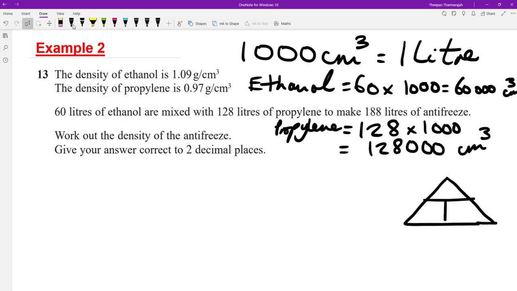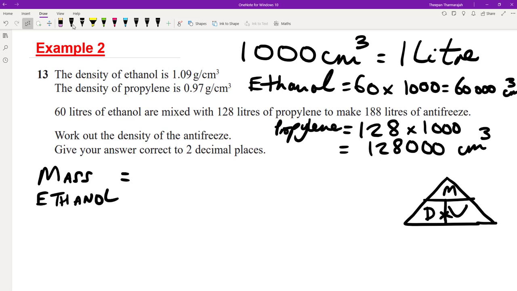That density is mass over volume, and so we want to find the mass of the ethanol, and we need to find the mass of the propylene. So mass of the ethanol, I'm going to write ethanol here.